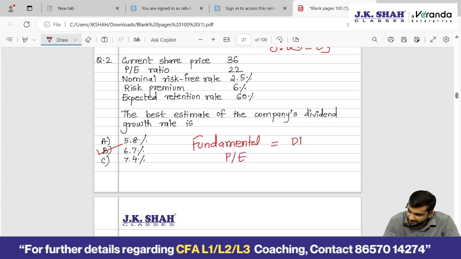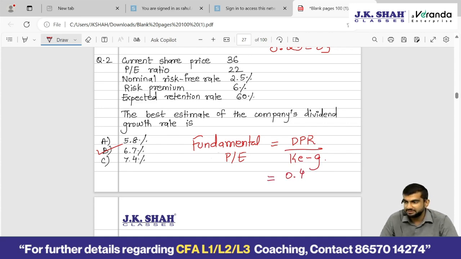Is dividend payout ratio upon KE minus G. Dividend payout ratio is how much? 40% upon fundamental PE is given to you, 22, KE 0.085 as we had calculated, minus G.